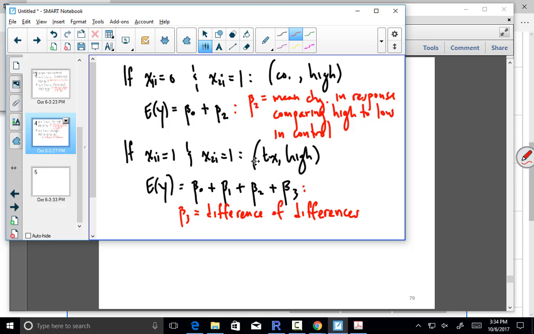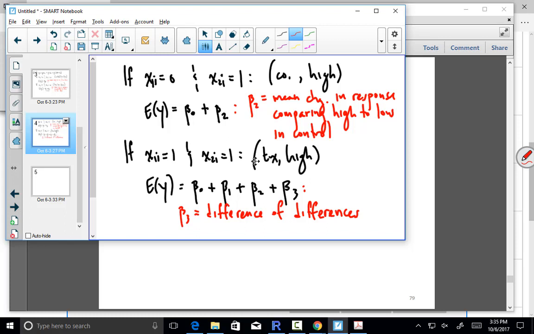If you put the interaction term in there, then the interpretation of your coefficients changes. Beta 1 now becomes the treatment effect in the low dose group. So if you had, say, a positive coefficient of beta 1 without an interaction and a negative one with an interaction, that's not necessarily inconsistent. They're two different quantities.